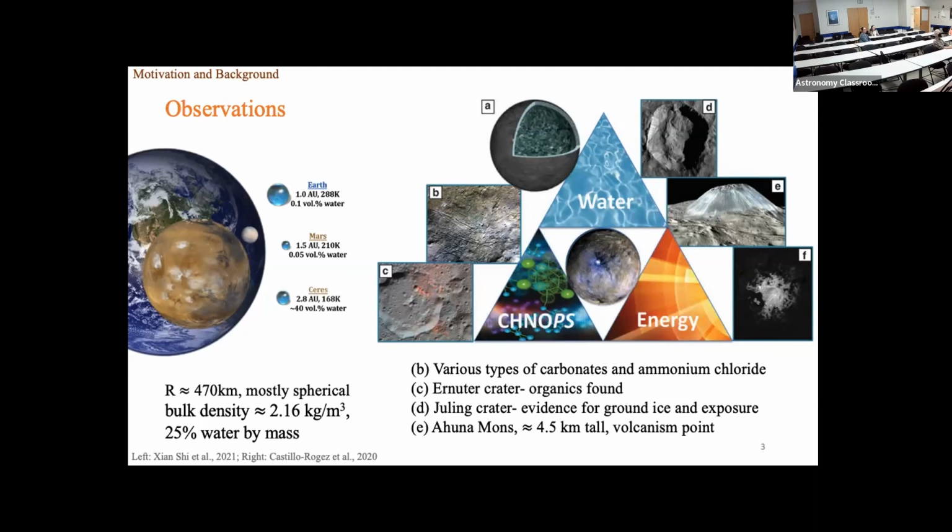And the Dawn mission also revealed evidence of recent and possibly ongoing geologic activities. The most notable one is the Ahuna Mons. It's the tallest mountain on Ceres, and it's a recent or still active cryovolcano.